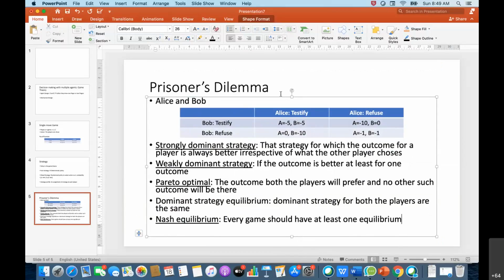Whatever the penalty for the dominant strategy, that is, for this block, when both of them are going to go for testify, then each player is looking just to minimize his or her punishment. That is the goal, or that is how they are selecting their strategies. They are not going to win something, they are just looking to minimize their punishment.